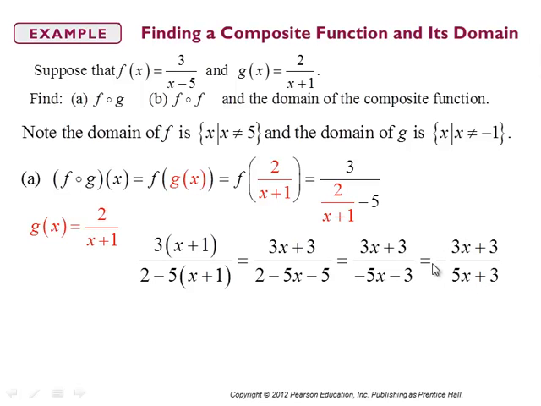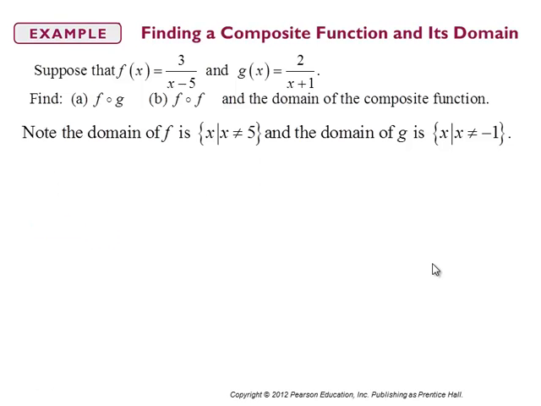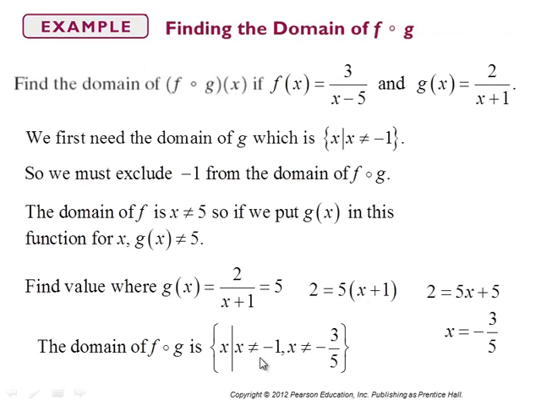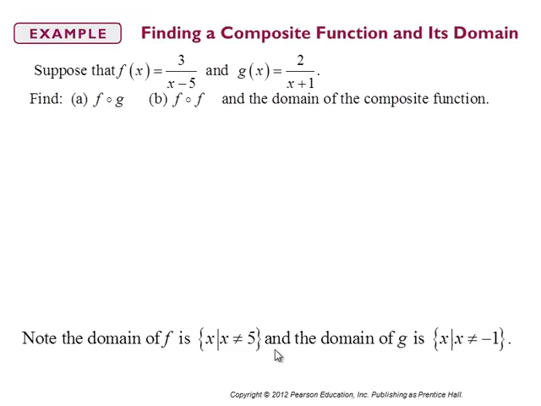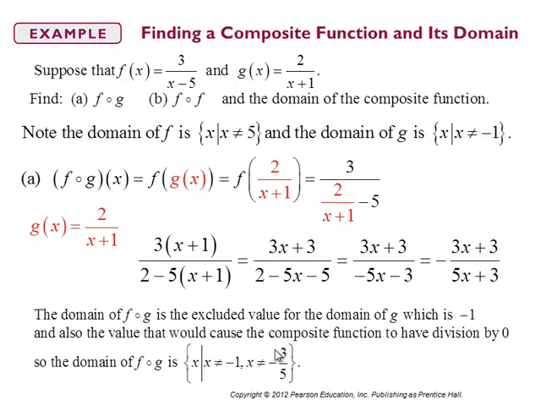So what's the problem with x equals -1? Let me go back. Here's the thing: if all you were looking at was this function right here, then yes, just excluding -3/5 would be enough to show the domain for this function.